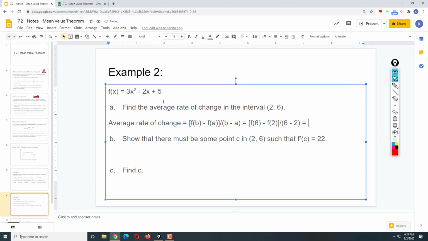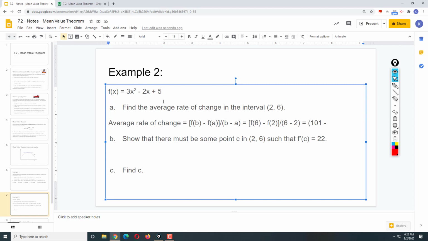If we plug them in, f of 6 is 6 squared times 3. 36 times 3 is 108. Minus 2 times 6 is minus 12. 108 minus 12 is 96. 96 plus 5 is 101. So f of 6 is 101.